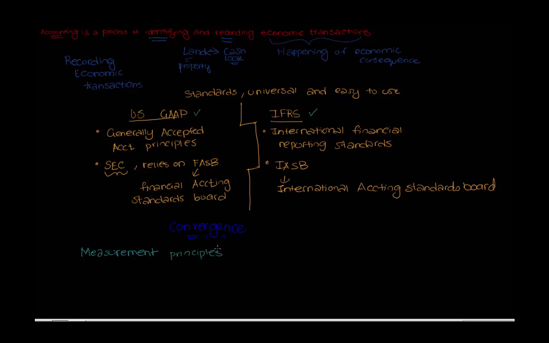Two important measurement principles are historical cost and fair value. They're both almost self-explanatory. The historical cost relates to the original cost, while the fair value is the current fair value of a product.